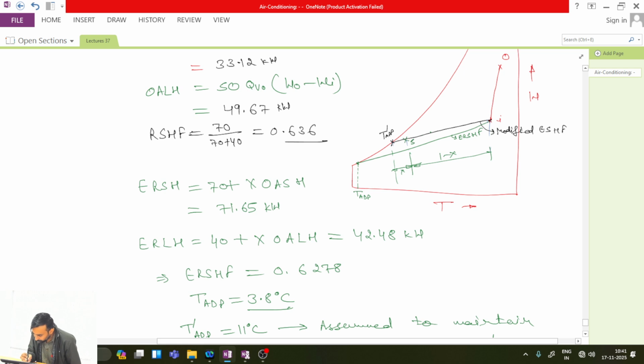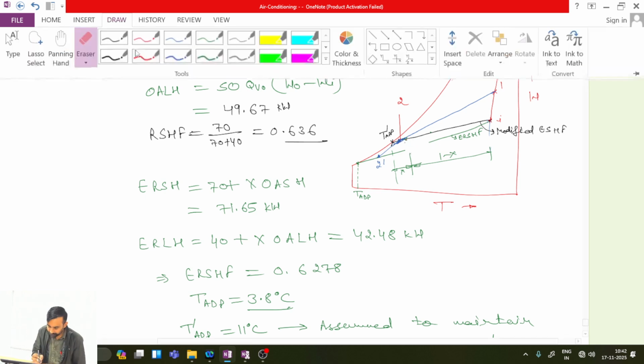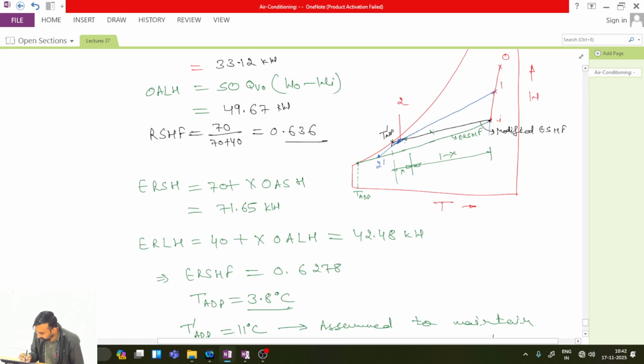So you need to assume this state is 2, this is S, and if this is state 1, then this is 2, this is 2 dash, and state S is somewhere over here, and 2 to S is your reheating process.